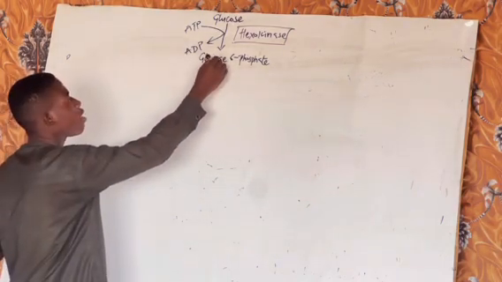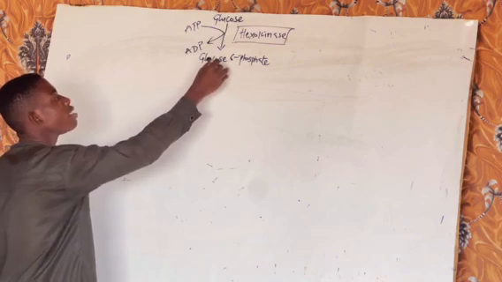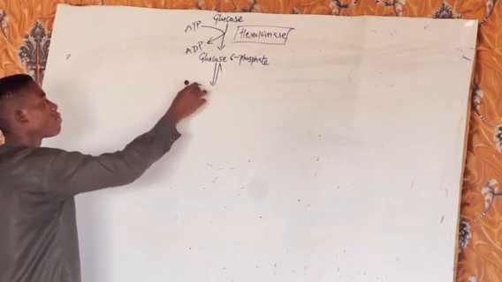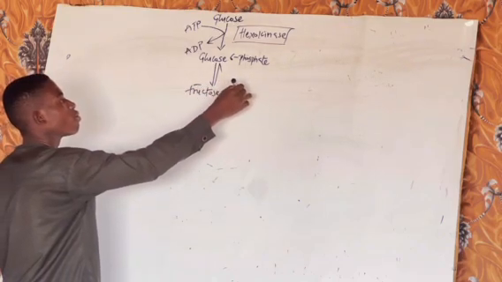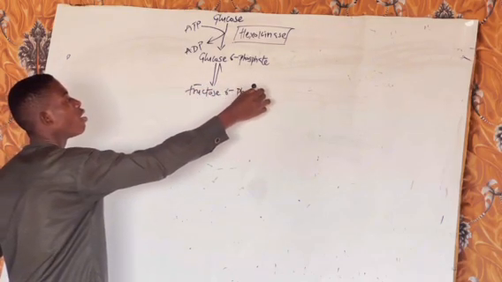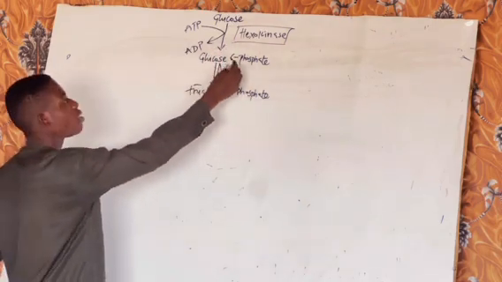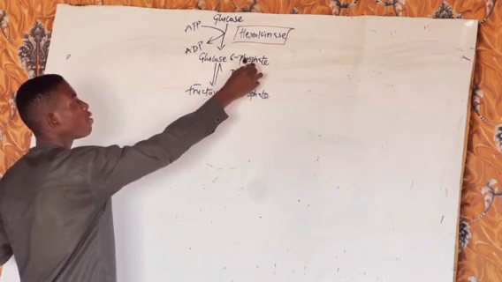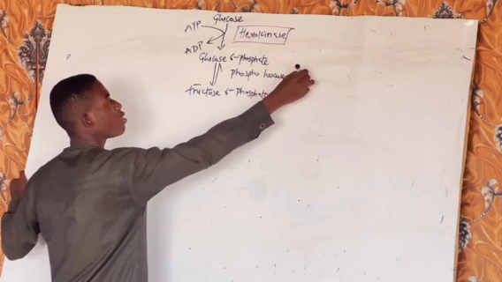In the second step, glucose 6-phosphate is reversibly converted to fructose 6-phosphate. And the enzyme that facilitates this reaction is phosphohexose isomerase.